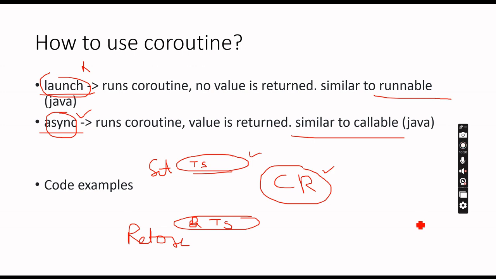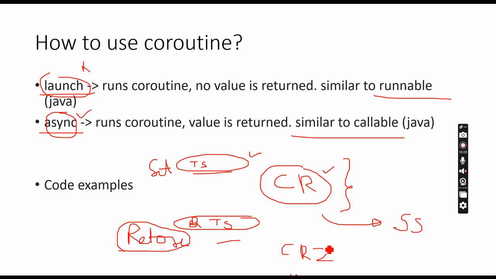Similarly, when this coroutine has completed its execution, or we are putting it in a suspended state, we want to restore the thread state so that this thread could be used again for other coroutine execution.